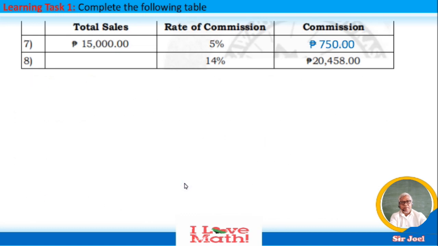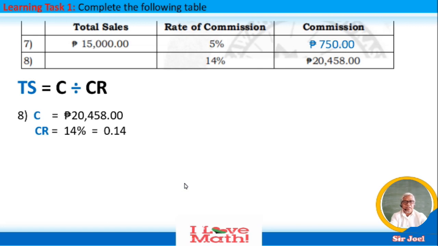Next, problem number 8. To solve problem number 8, our total sales now is equivalent to commission divided by the commission rate or rate of commission. So let us analyze. Our C in this case is 20,458 pesos, while our rate of commission or commission rate is 14%, which of course is equivalent to 0.14.